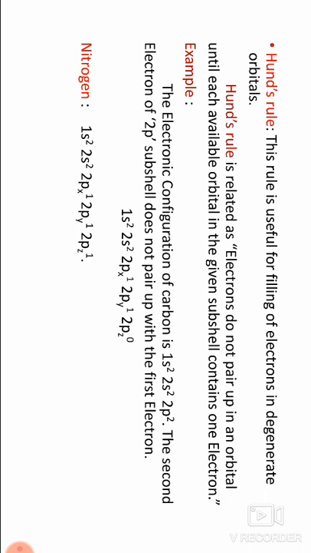Aufbau principle means building up. It states that electrons enter into the orbitals in the increasing order of their energy. This energy is calculated based on n and l value.